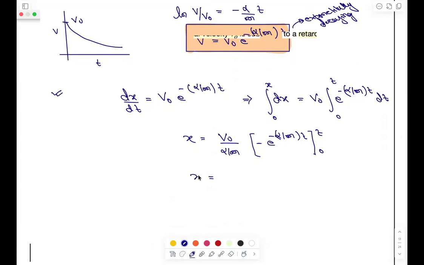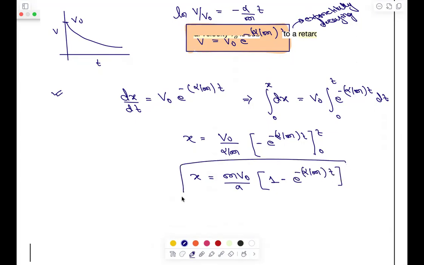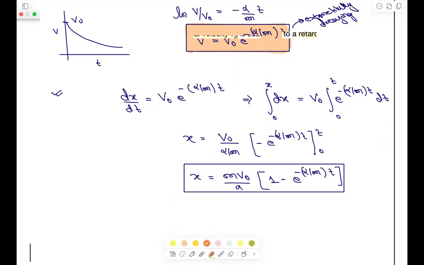So you can write that x will be equal to m v naught by alpha, and if you put t and 0, it will be 1 minus, because minus is already there, 1 minus e to the power minus alpha by m into t. Now again it is exponentially increasing, so you can write that also.